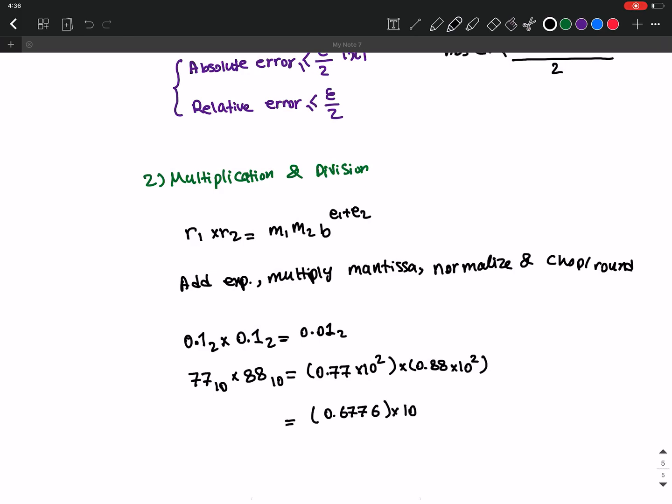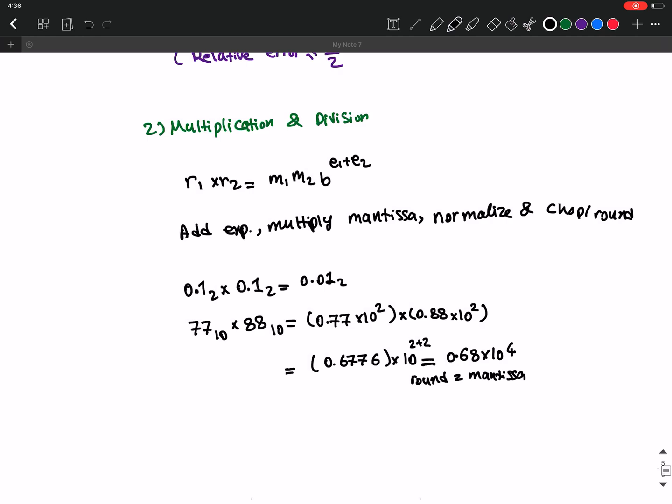Then I'm going to add the exponents, 2 plus 2. And then I'm going to round the mantissa. If we have two significant digits, it's going to be 0.68 by rounding, 0.68 times 10 to the 4.